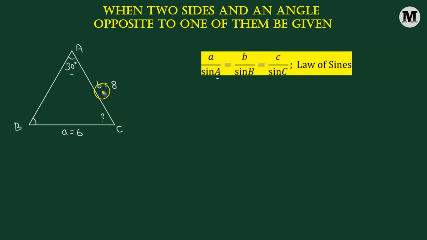In this problem, we have the measure of sides a and b, so we're going to consider the first 2 ratios: a over sine A equals b over sine B.